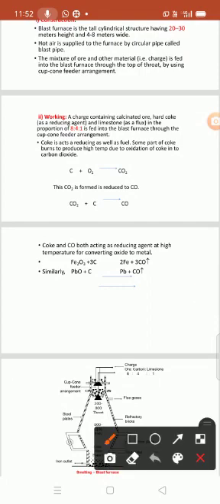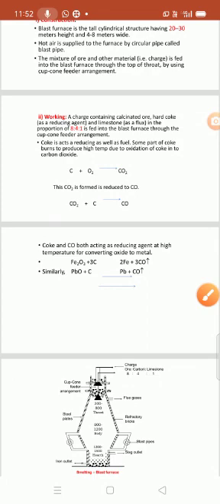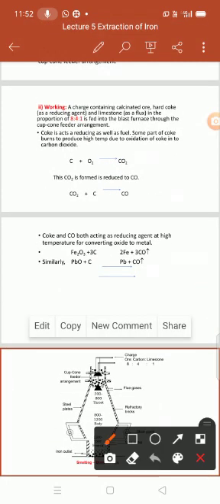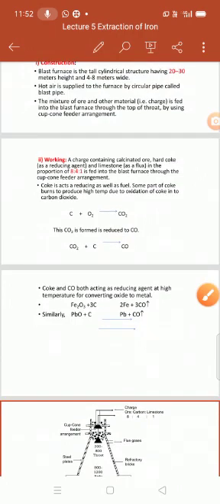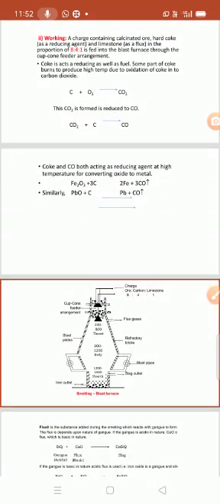This is the diagram of a blast furnace, which is mainly divided into three parts: throat, body, and earth, depending upon the temperature.